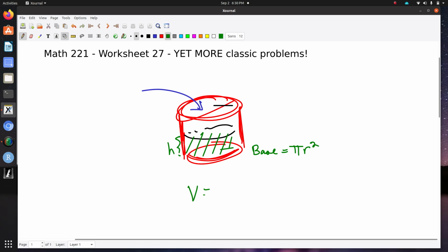So the volume is pi r squared h, where you're thinking of h in terms of the current height of the liquid in the container. Okay, so just be aware of that, and you can take your derivatives and you can set things equal, whatever, but notice r is not changing in this problem because you have a fixed container.